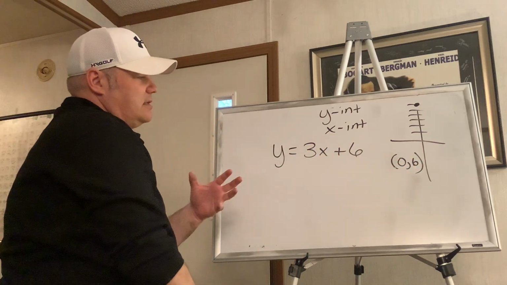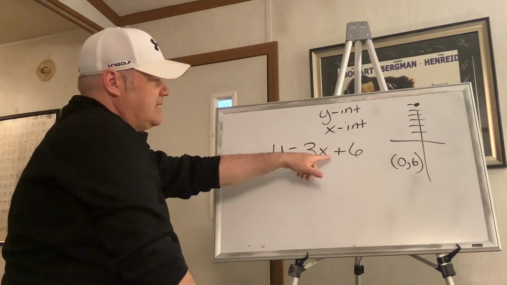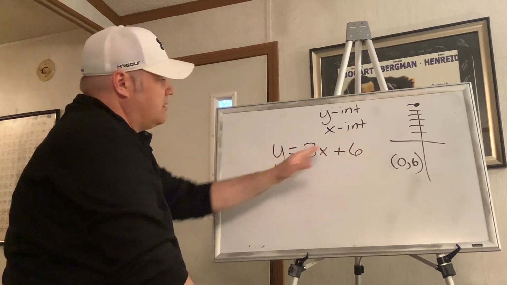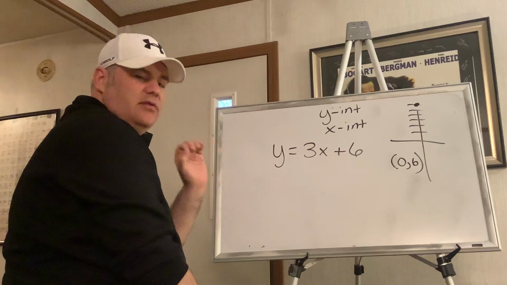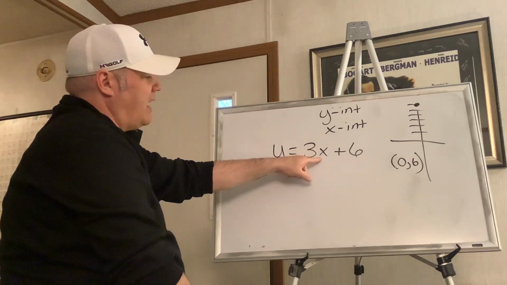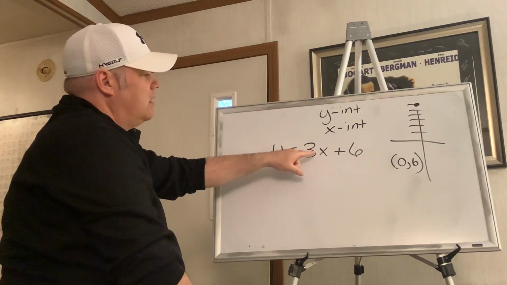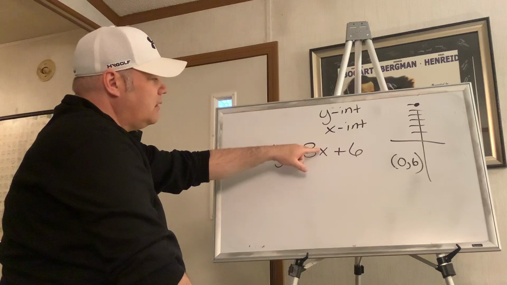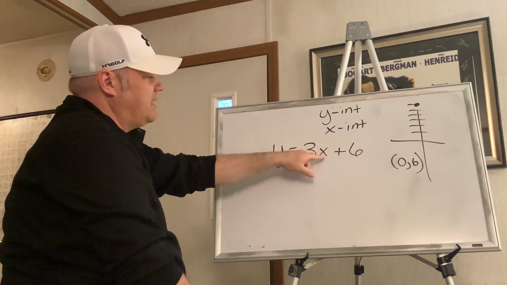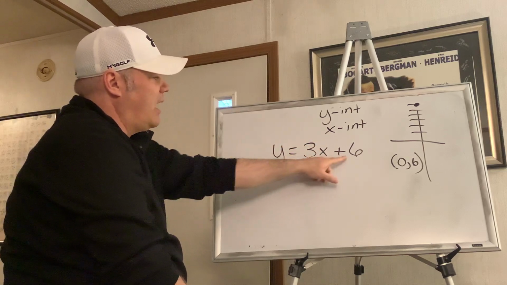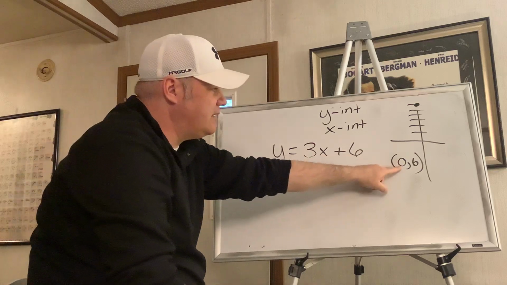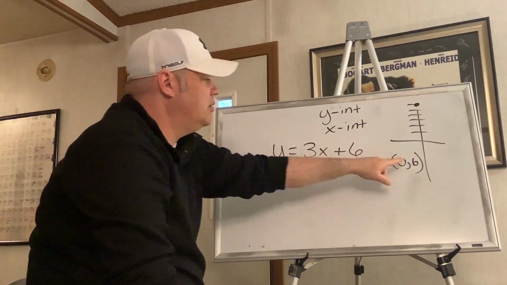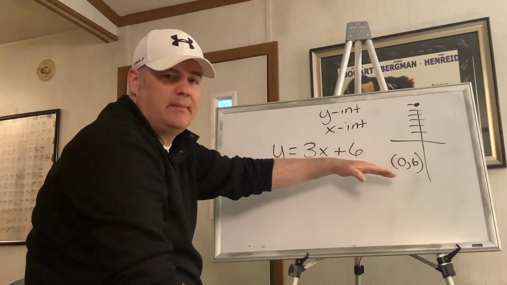Now, it's easy to identify that because it's given to you. But if you think about it, if I put in 0 for x, 3 times 0 is 0, that disappears, y is 6. So if you put in 0 for x in this equation, you get out 6 for y. That's what that point means.